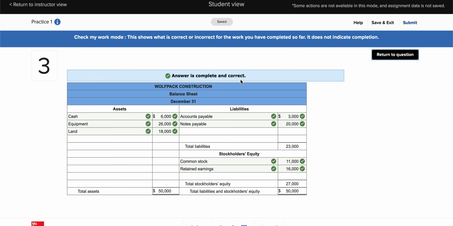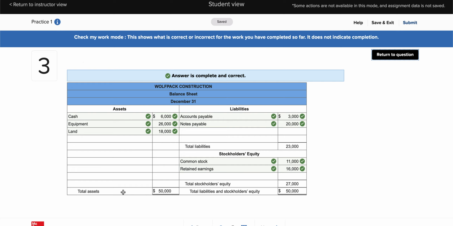Now, I will note here that if you're going through and doing your homework and you click on this button and it says correct but not complete, one of the main things you want to check in some of those problems is to ensure that you actually have a label for every number. Every number on any financial statement needs to have a label beside it to tell you what it is.